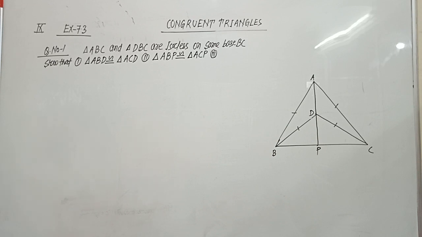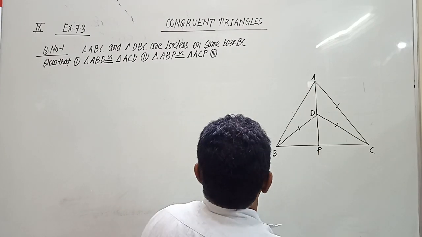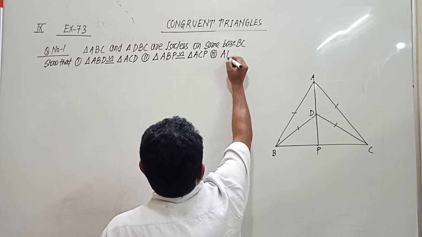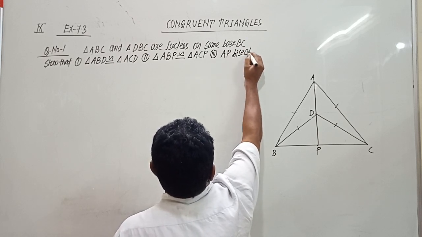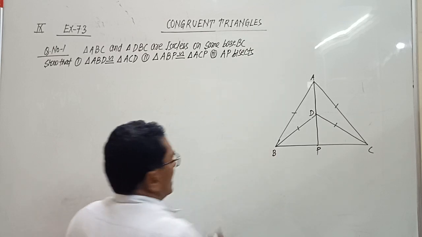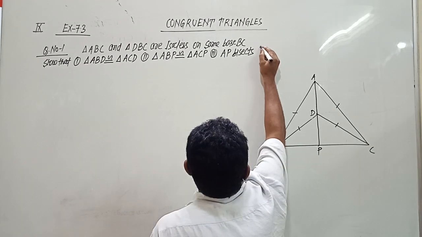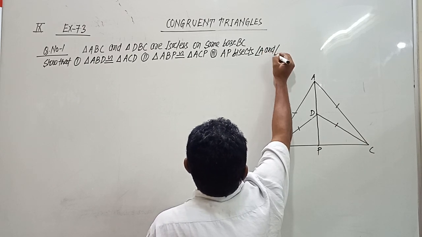Then the third part, AP bisects angle A as well as angle D.